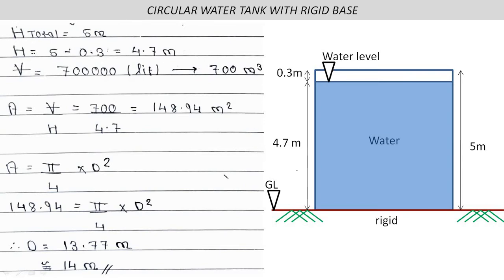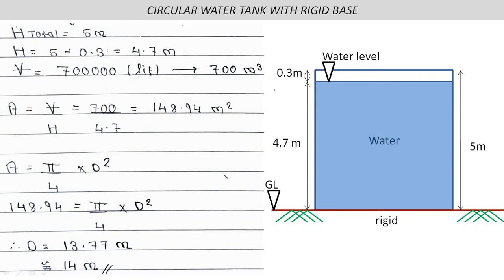Here the volume is given as 7 lakh liters, so we will convert into meter cube. We do 7 lakh divided by 1000, and we have the volume as 700 meter cube. Now, to find the area we have the value of volume and height.